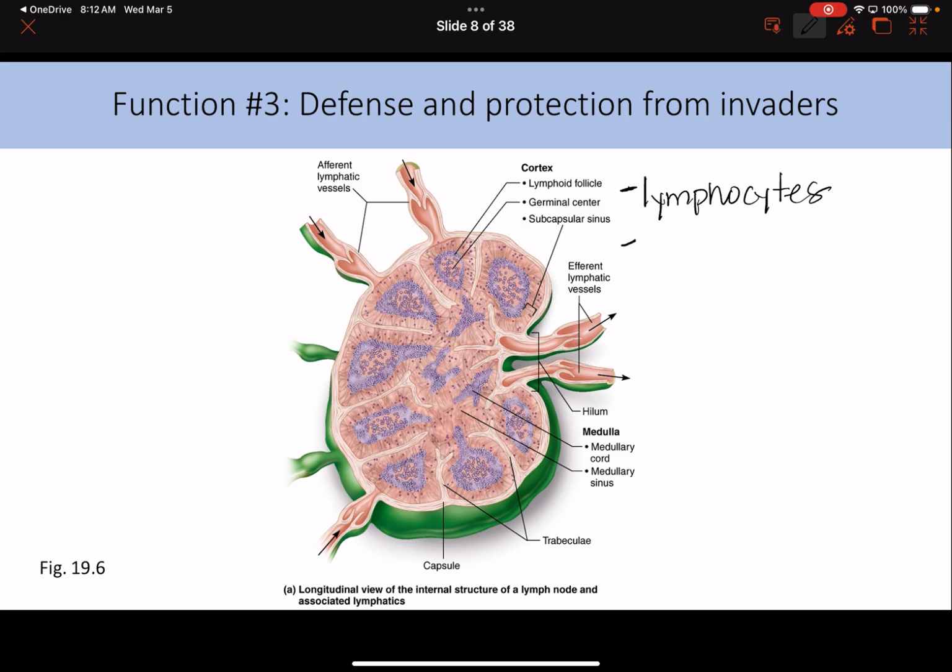Our second cell type is monocytes. But we see lymphocytes most often. Those are our major cell type of the lymphatic system. Their job is to survey fluid. So we'll talk about lymph nodes here in a second.